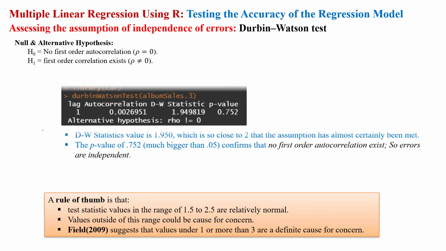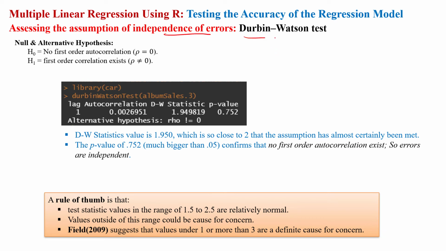Now we need to check whether the errors we are getting after fitting this regression model are independent or not. This assumption can be checked with the help of the Durbin-Watson test, in which the null hypothesis is rho equal to 0, and the alternative is rho not equal to 0, which means there is a first order autocorrelation.